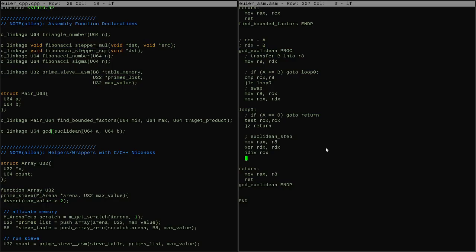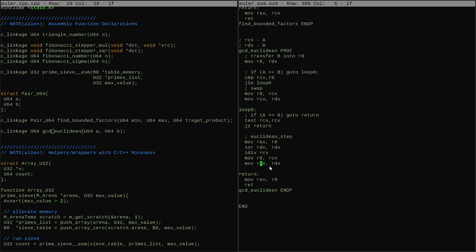So now B becomes A. So B is R8. So we move into R8 from RCX, and we move into RCX from RDX, because this already put the result into RDX for us.